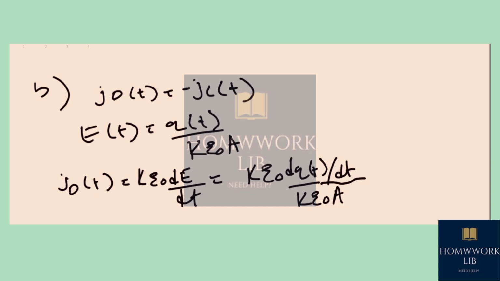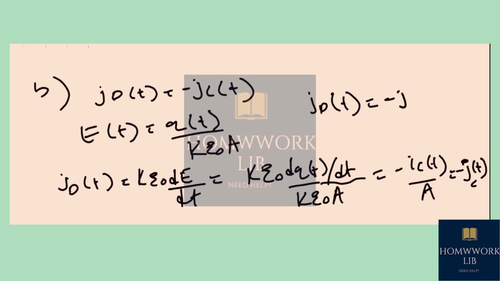This is equal to minus I_c(t) over A, which is minus J_c(t). So we proved that the displacement current density is equal to minus the conduction current density.